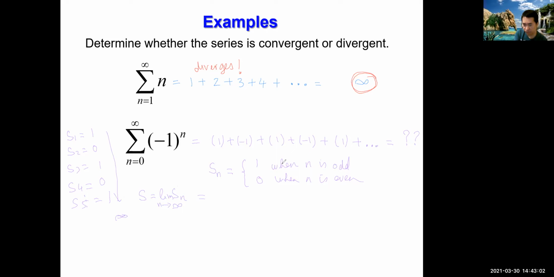Anyone remember partial fraction decompositions? Sometimes it's nice to rewrite these fractions as a sum of two smaller fractions. If you recall, when we integrate the function 1 over x times x plus 1, we do the partial fraction decomposition.